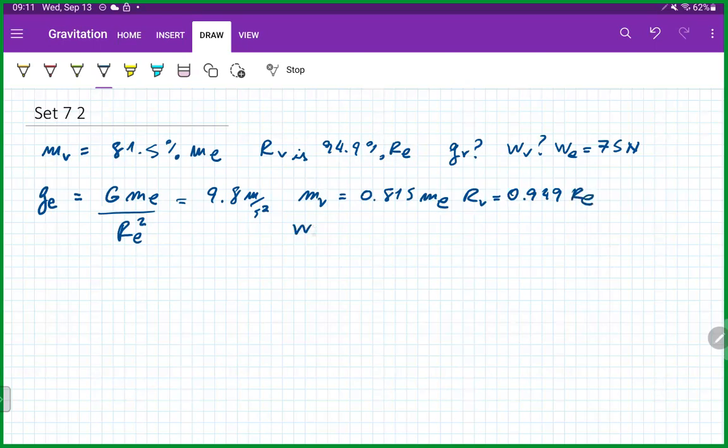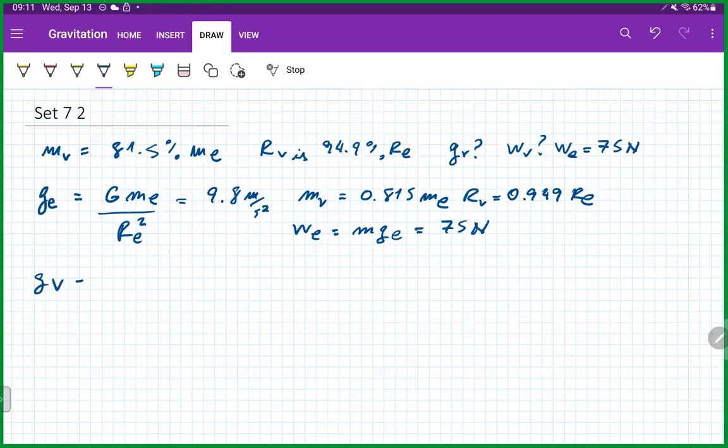And the weight of this rock on Earth is equal to mg Earth, so that's 75 newtons. Basically, what we need to do here is to get the acceleration of gravity in Venus, and then get the mass of that rock and be able to calculate the weight in Venus with the acceleration of gravity in Venus.